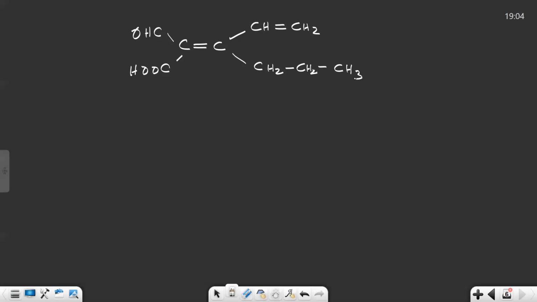In this example, there's an aldehyde group. Aldehyde group is CHO. Here it is considered as carbon attached to one hydrogen and two oxygens, and these oxygens are attached to two carbons. So aldehyde is considered like this, and the acid group is C double bond O, OH.